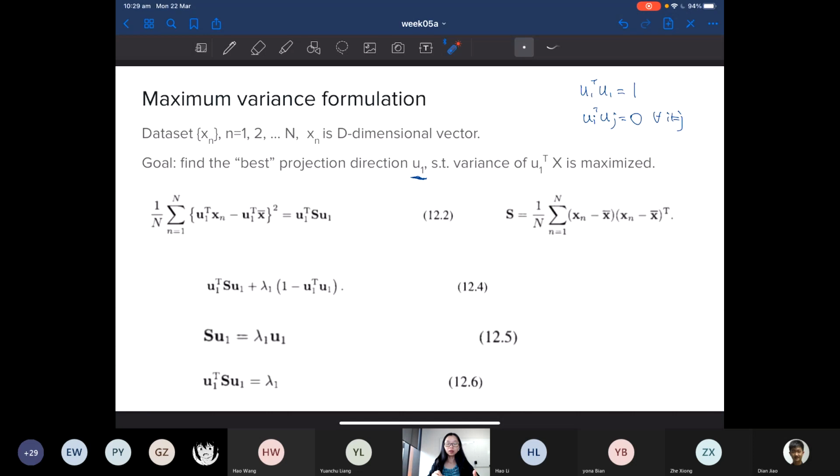So since we want the projection variance to be maximized, right, so we want to maximize this.